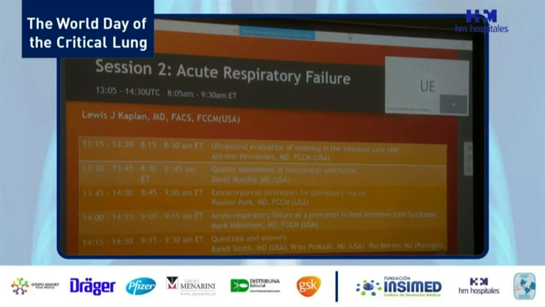Thank you very much. The data is somewhat mixed. It is very clear that if you have healthy lungs and the condition for which you are being treated does not have systemic inflammation, then you don't need to use low tidal volume ventilation in that patient.